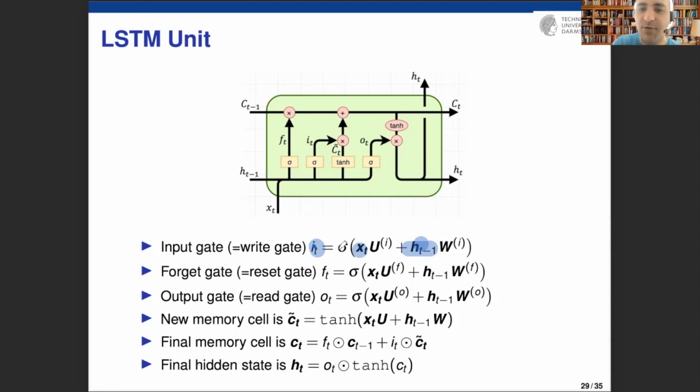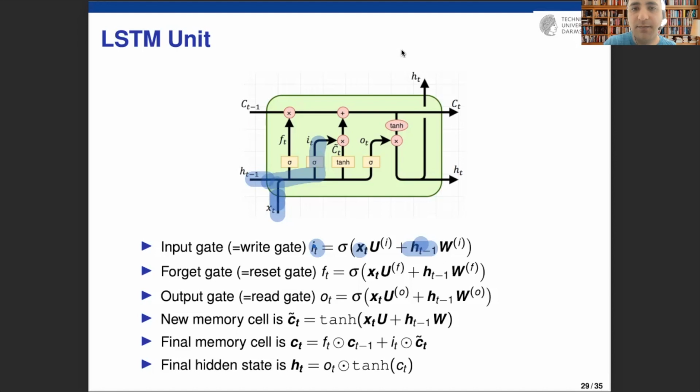You give it to the sigmoid function to get a proper gate. So xt and ht minus 1 are the inputs to the i gate. So here is the i gate. You check how much you should be able to write here.